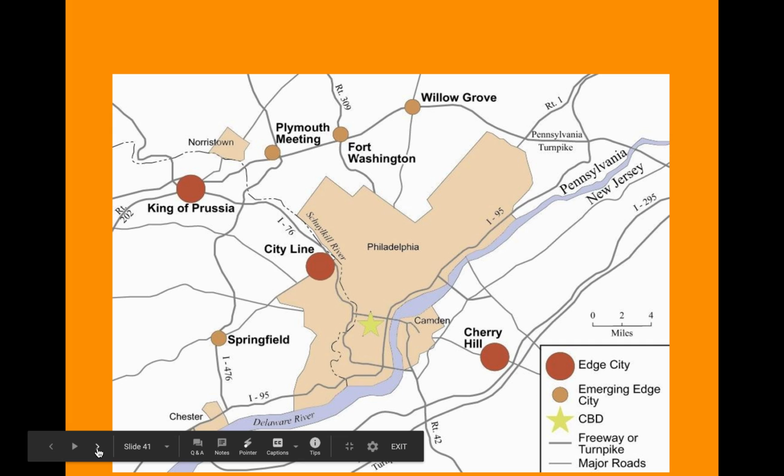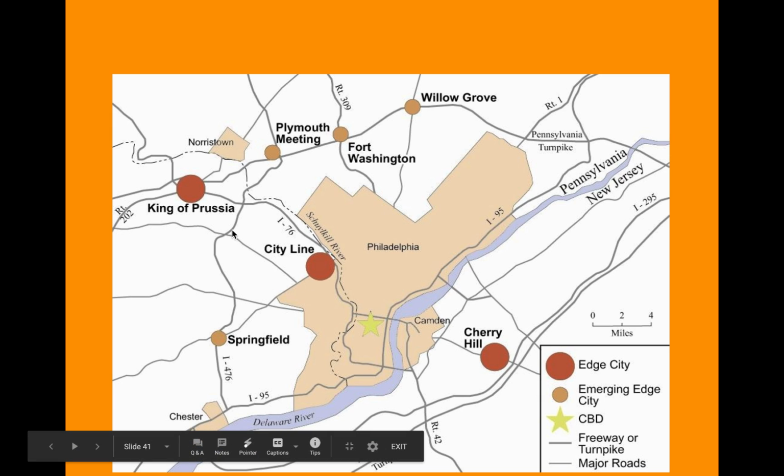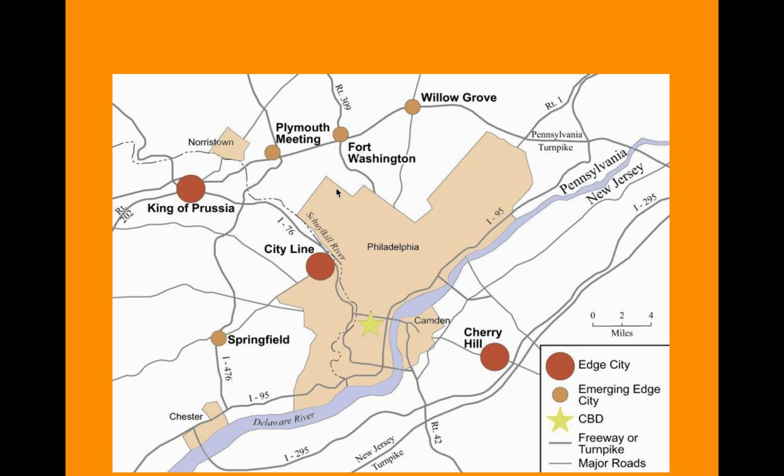When we look at this map, we can see the peripheral model focuses on the peripheral belt that lies within the metropolitan area, but outside the central city. You can see the edge cities, and then the CBD, and we can see expressways, and how they go well outside the central city.